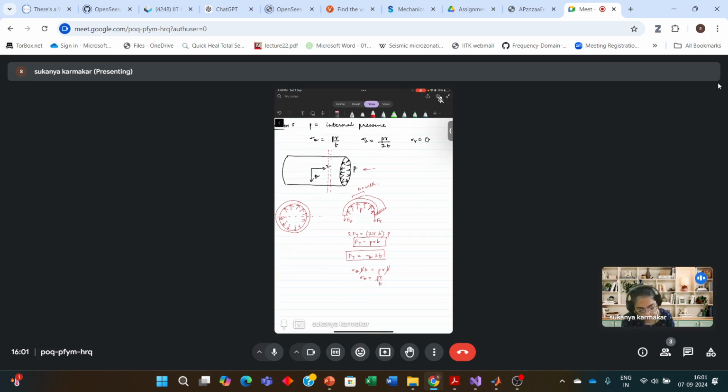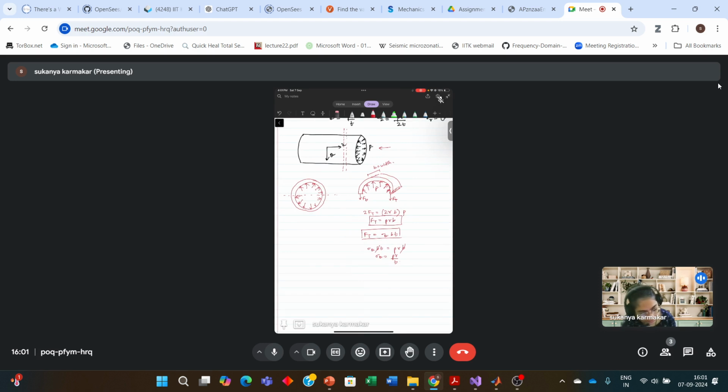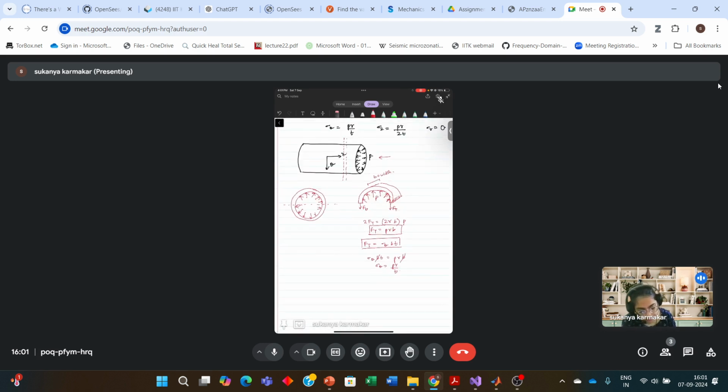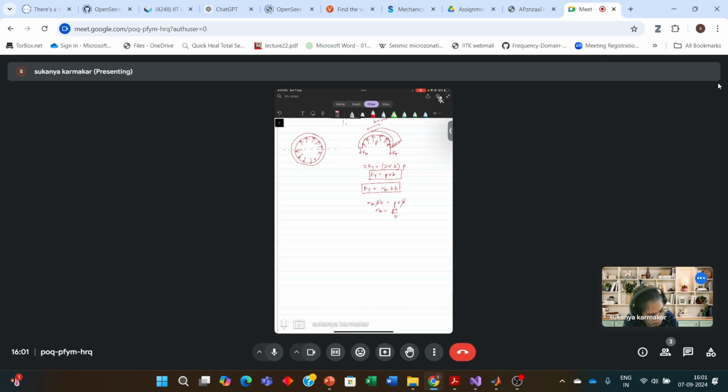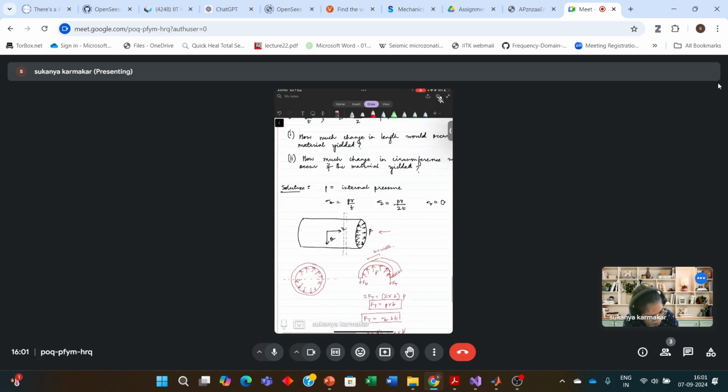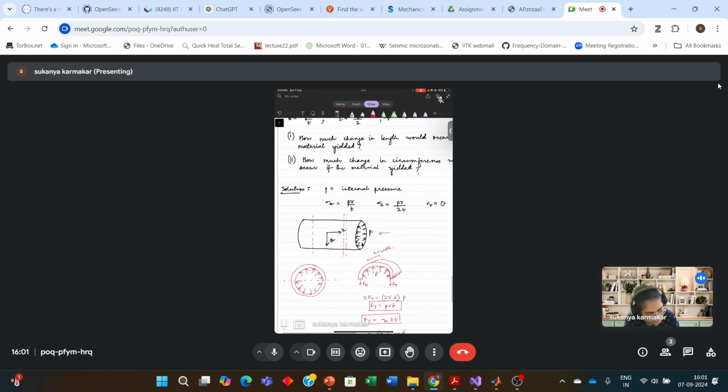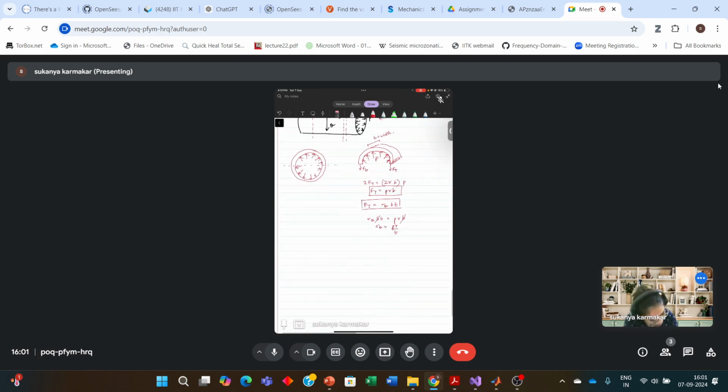And the point which I wanted to make is, if you look at this, let me cut a section. Let's say here. Now you will have a certain stress throughout the circumference.